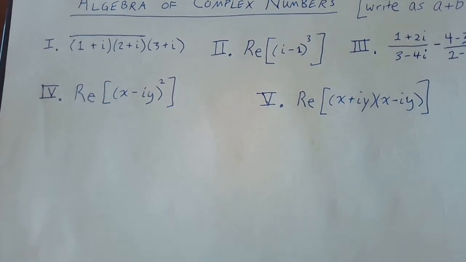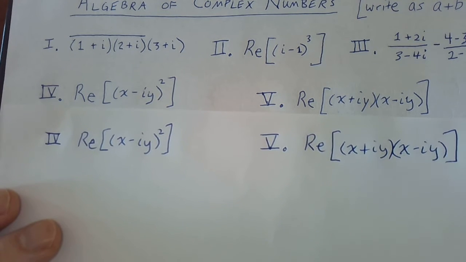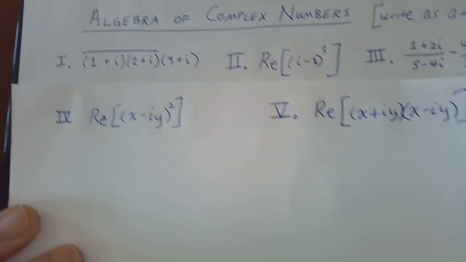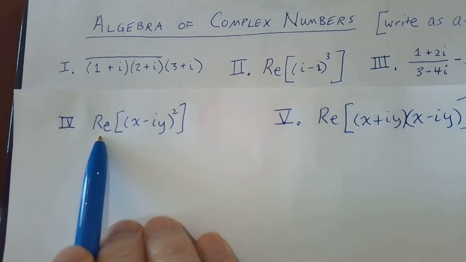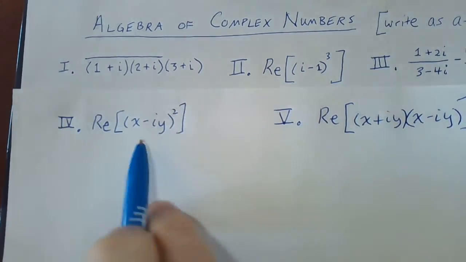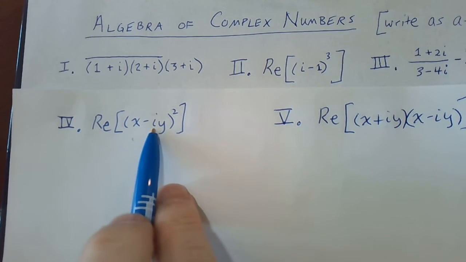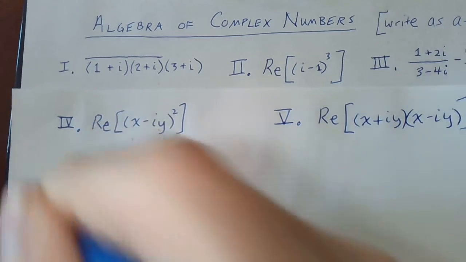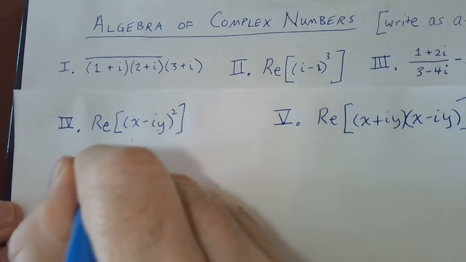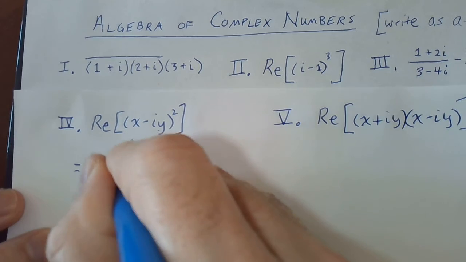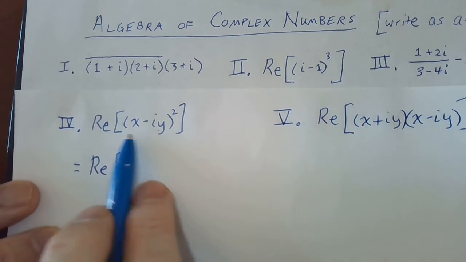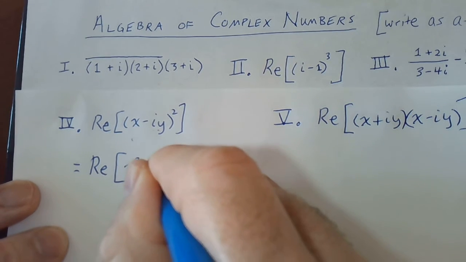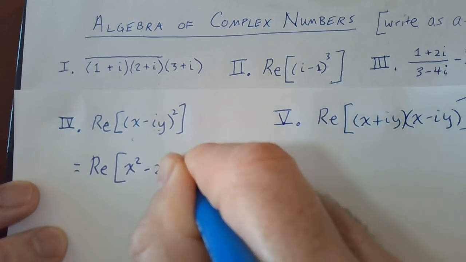These will go pretty quickly. Okay. Number 4. We're looking for the real part of this complex number, which happens to be x minus iy quantity squared. So that is equal to the real part of, let's FOIL this out in our heads, x squared minus 2xyi.